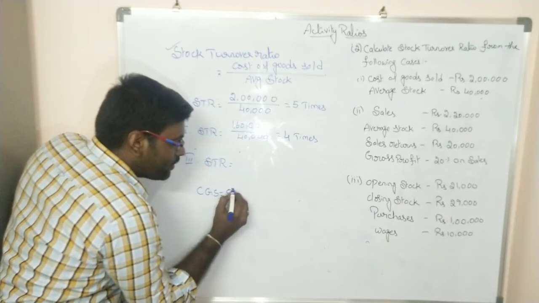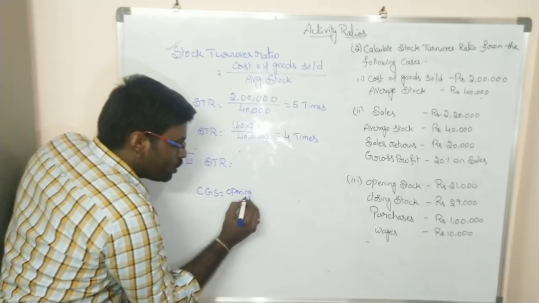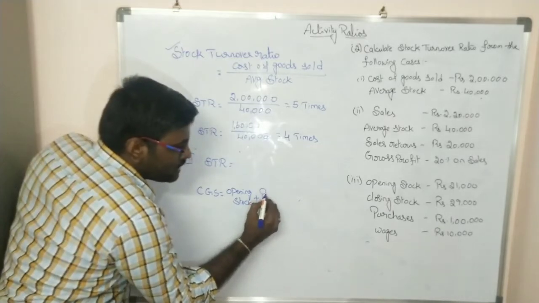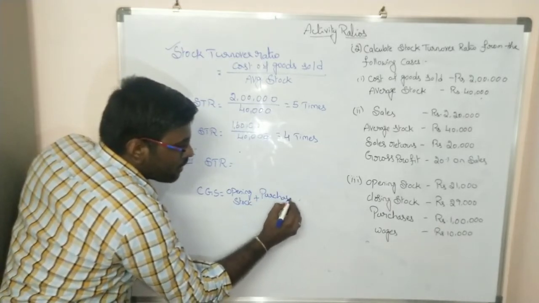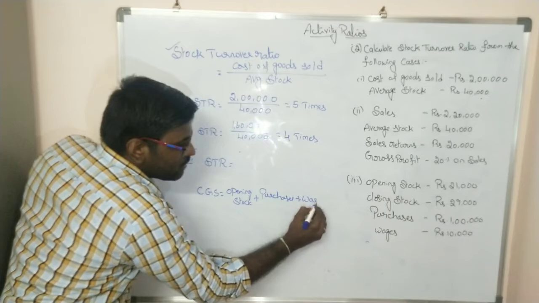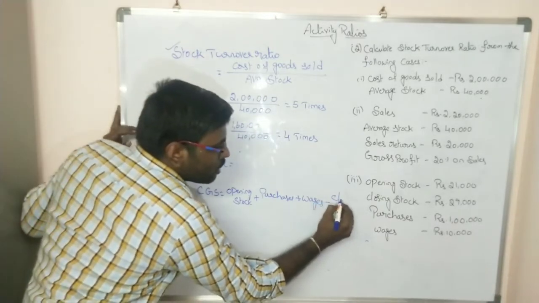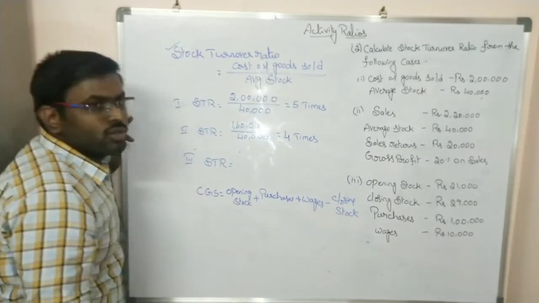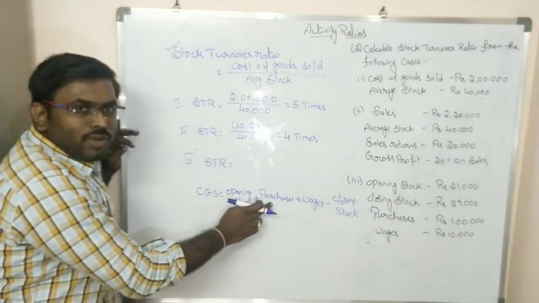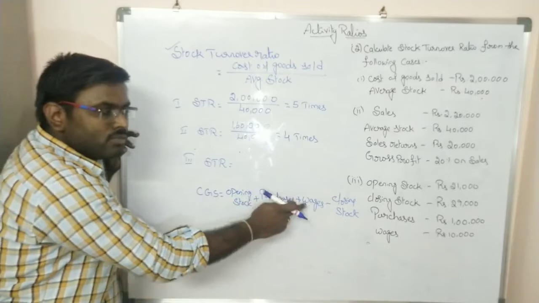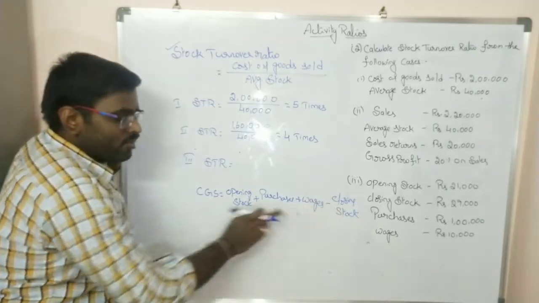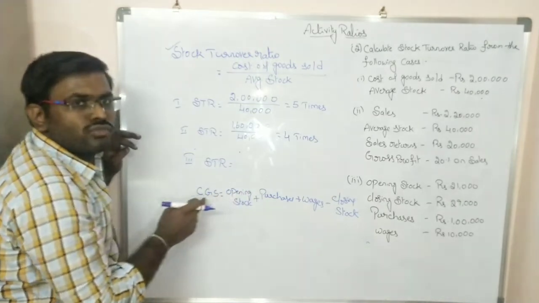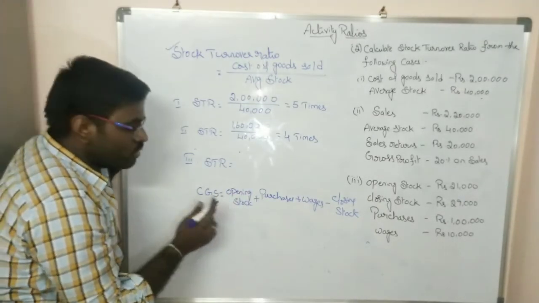The formula we apply here is opening stock plus purchases plus wages minus closing stock. This will give you the cost of goods sold, means opening stock plus whatever purchases you have, plus wages, minus closing stock. So this is another formula which we will use for the calculation of cost of goods sold.